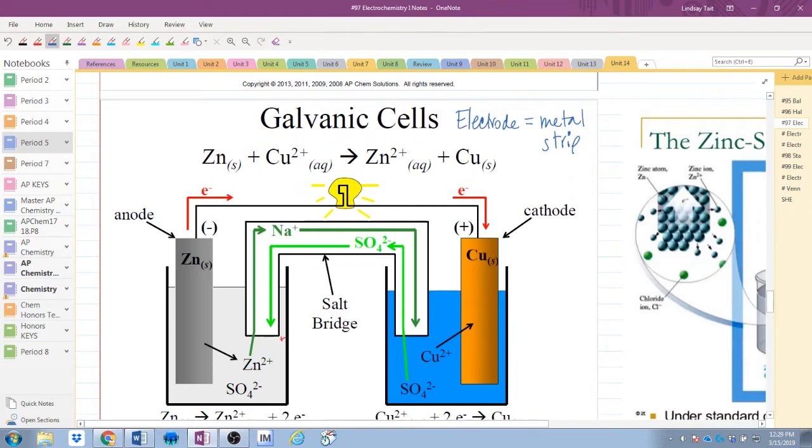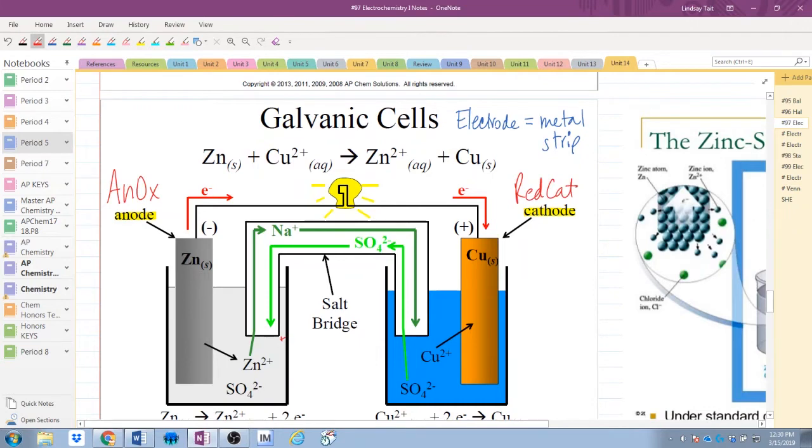To further distinguish between the two, we can then call them an anode or a cathode. The name that it's called depends on which type of half reaction is occurring in that cell. Is it an oxidation or a reduction half reaction? So here's a cute little trick to remember which one's which, and that is An Ox, Red Cat.